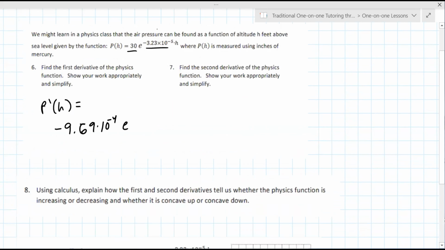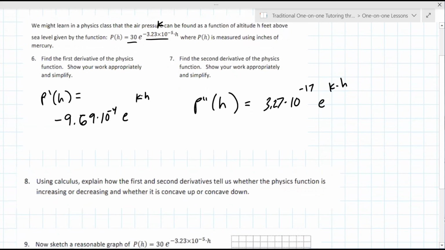So I'm just gonna call that k for the moment. K times h, and then p double prime of h was positive something. It's positive 3.27 times 10 to the negative 17th, and then e to the negative.